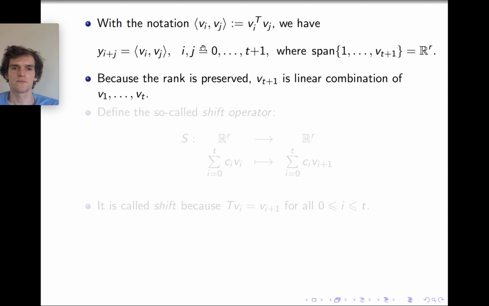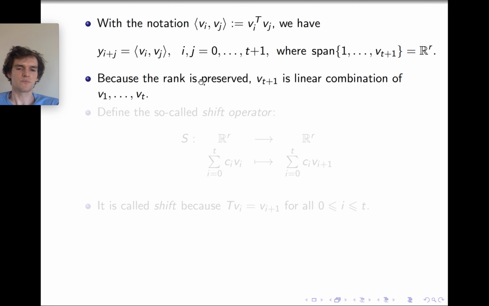Okay, and this is the notation for the inner product. And we have that those vectors that form the Gramian, they span exactly the space of dimension R.